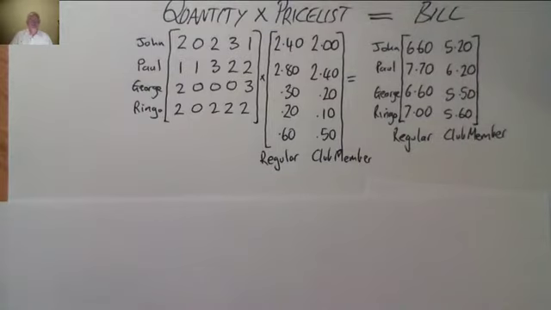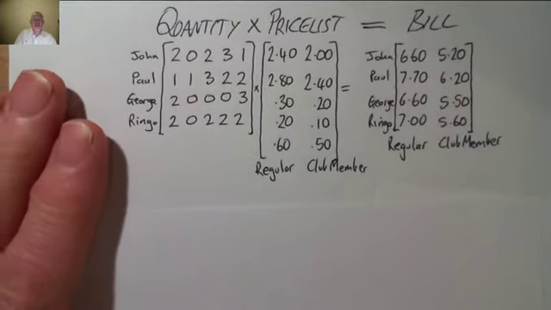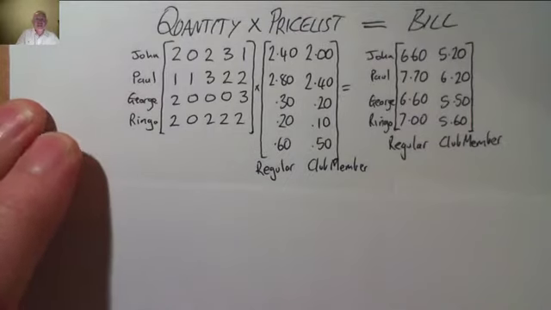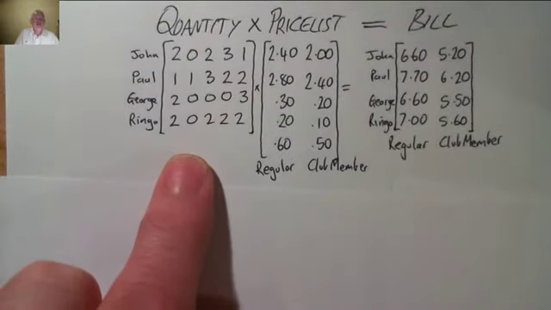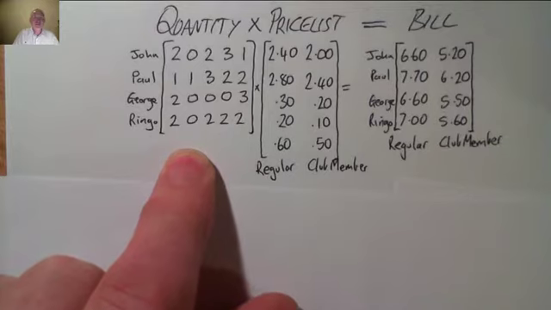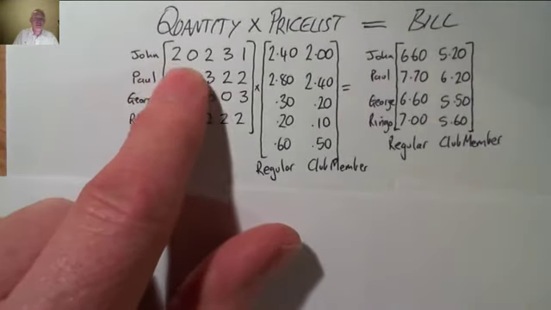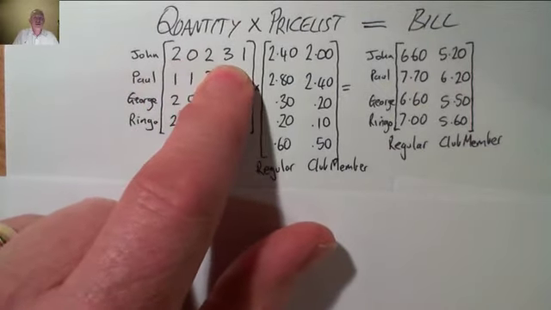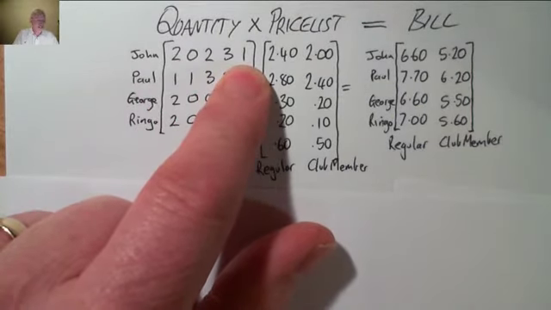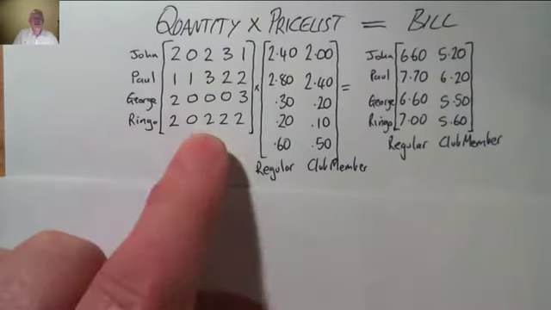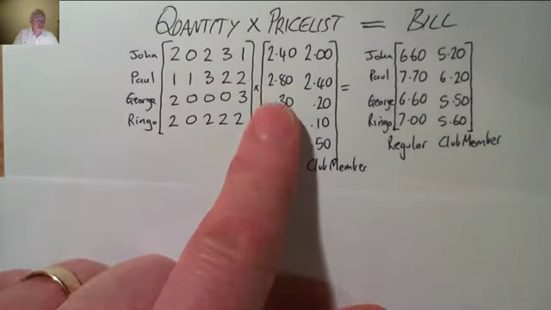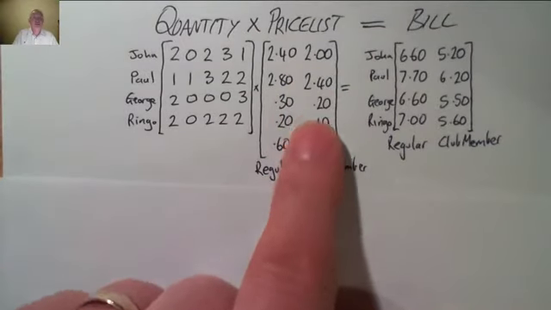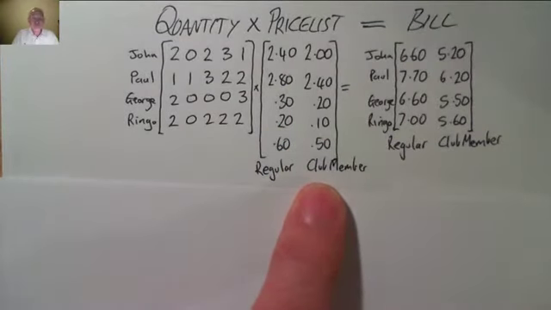I'm going to refer back to what we looked at last time in the first session, where we had a quantities matrix where John ordered 2 cups of tea, no cups of coffee, 2 sugars, 3 biscuits, and 3 sugars and a biscuit. And these are the prices for regular customers, and these are the price list for club members.